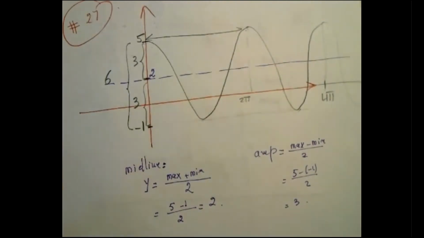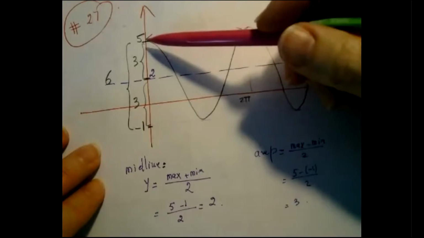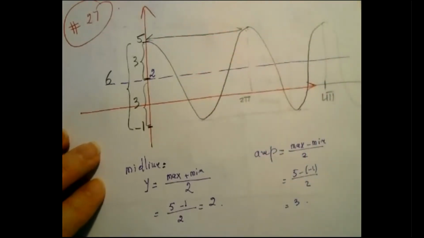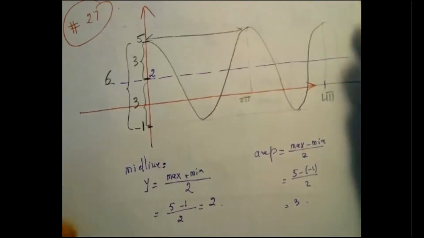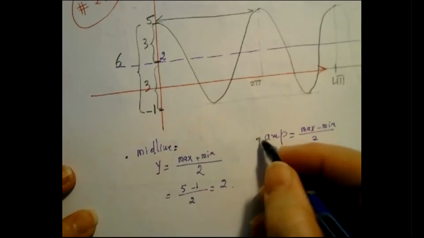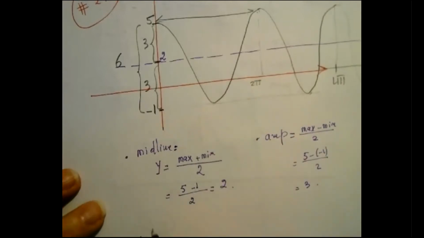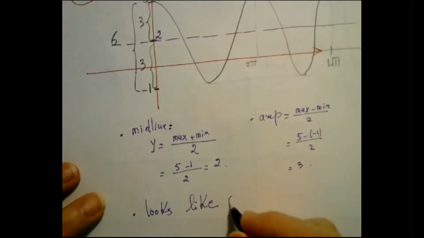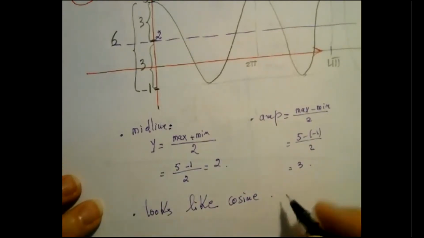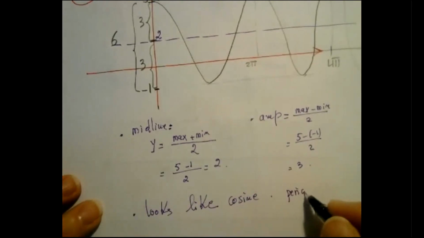Now, once you draw the graph, you ask yourself, is it a sine or a cosine? Phoenix, since you're working with me. It looks like, finish the sentence, absolutely a cosine. And the period in this particular problem is always 2 pi.